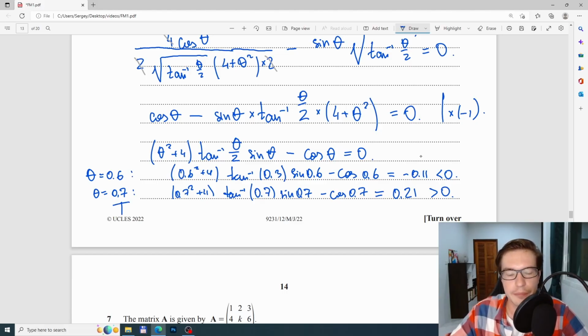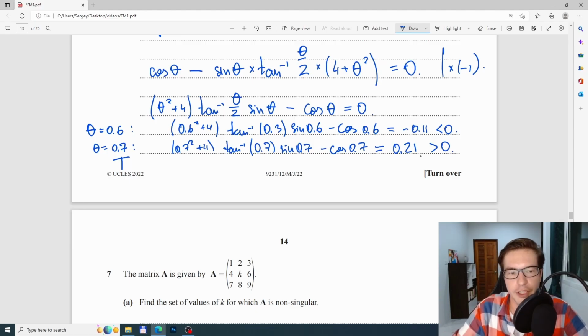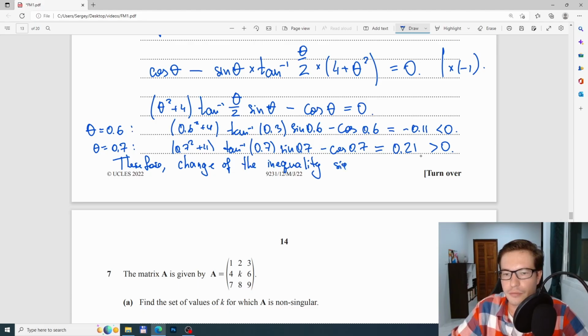We'll just put it here. I will say that, therefore, the change of the inequality sign indicates the presence of the root.